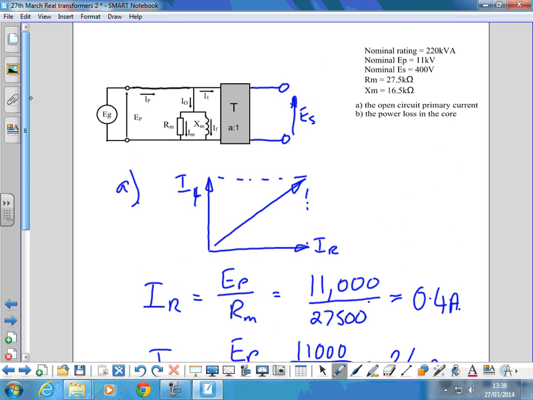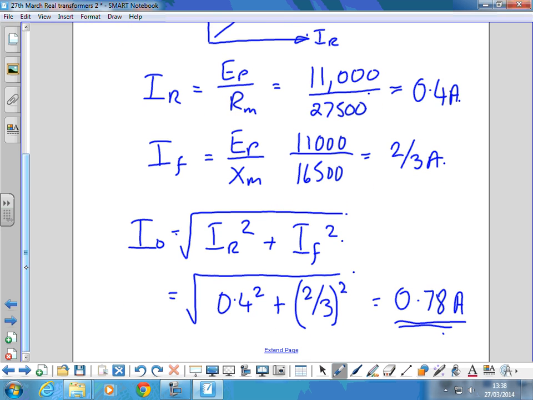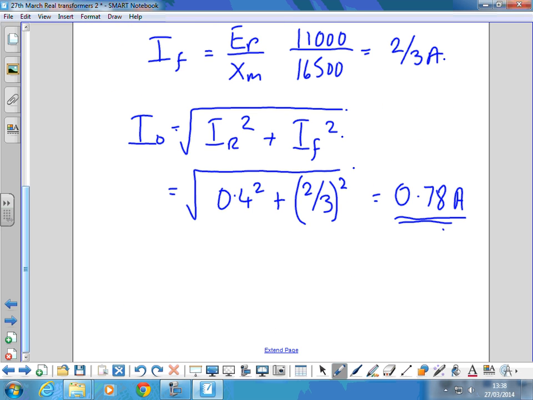What else did I ask you to find? The power loss in the core, PM. How can I find PM? How many watts have been dissipated in that core while it's open circuit?